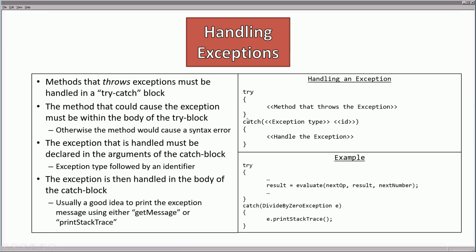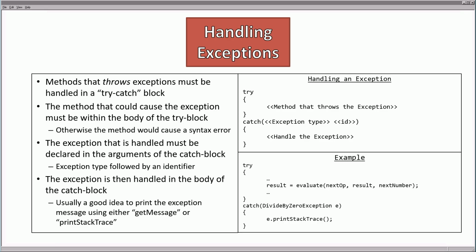Following that, we have the catch, which then has some arguments. Inside the arguments, what we do is declare a new exception type followed by an identifier, because remember, once again, exceptions are objects. When we throw, we construct a new instance of that type of exception, which is caught right here. The exception is then handled in the body of the catch block.